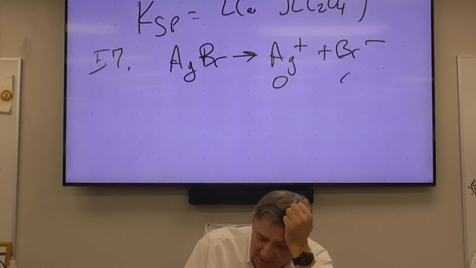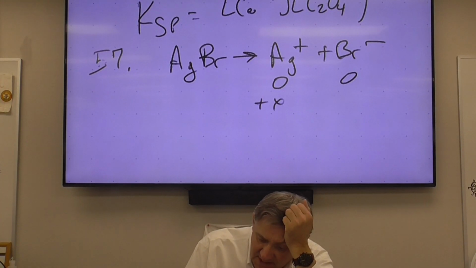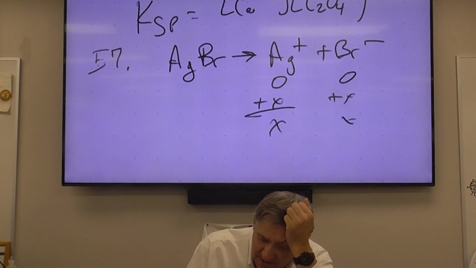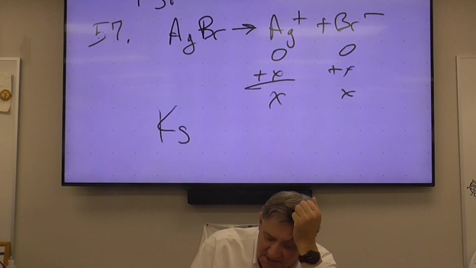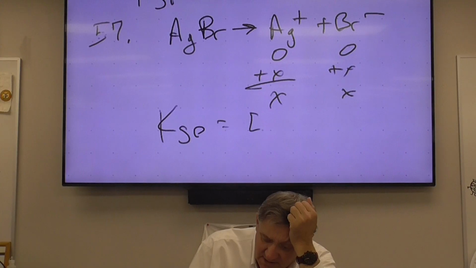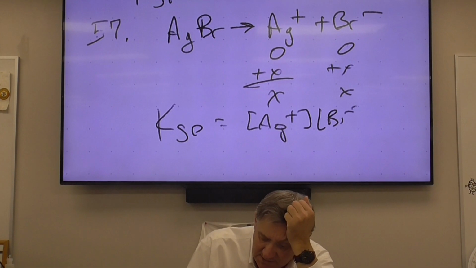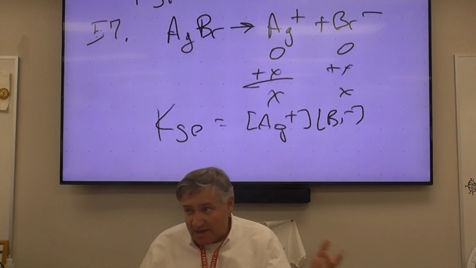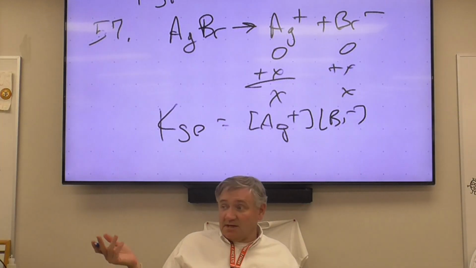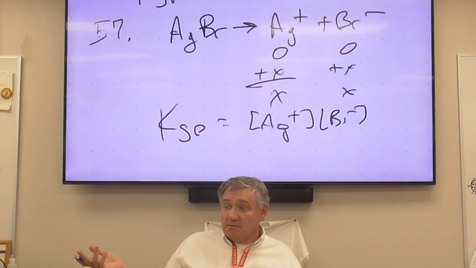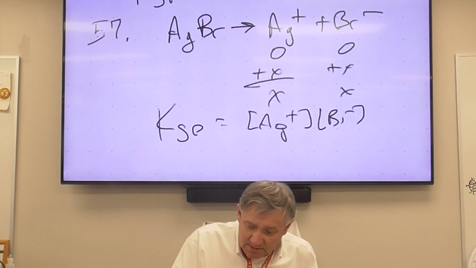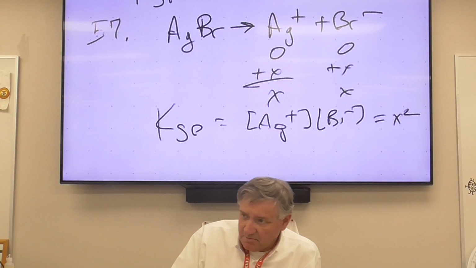You'd go 0, 0, plus x, x, and x. So your KSP is going to equal your silver ion concentration times your bromide ion concentration, which is just going to be x times x, because x times x is just going to get you what? X squared. Okay? So your KSP is going to equal x squared.